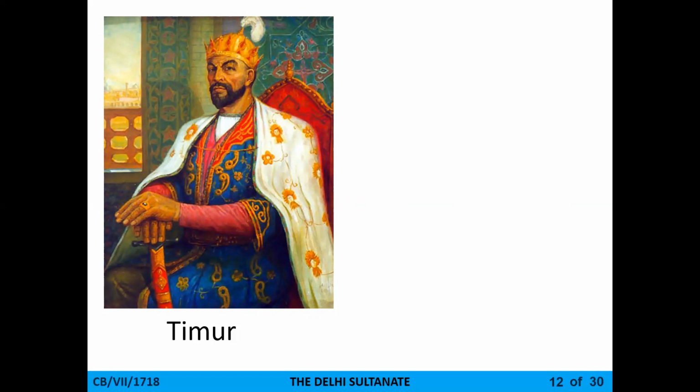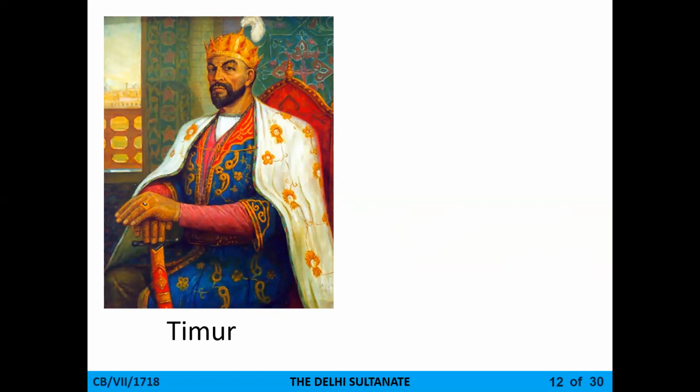He ransacked many places and occupied Delhi. He carried immense booty, whatever the wealth, with a large number of captives, including Indian artisans. As Indian art was very popular during those days, he carried some Indian artisans with him.